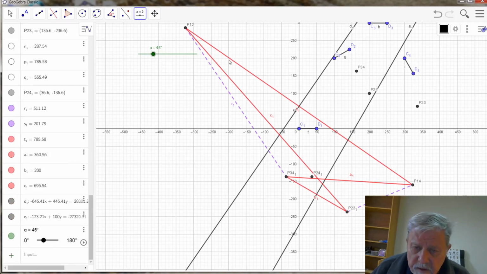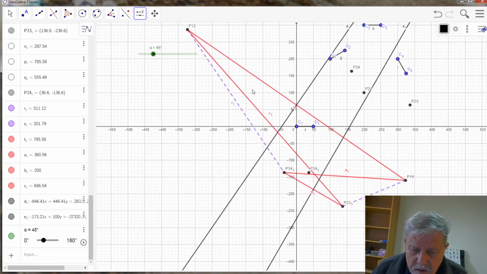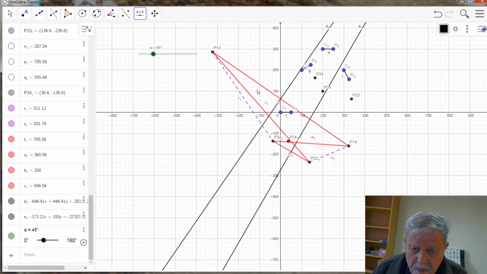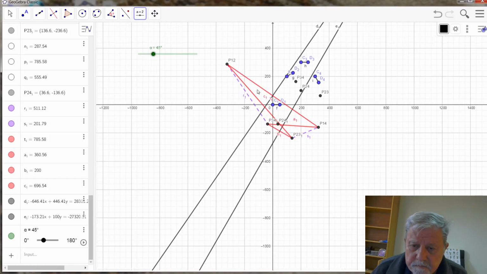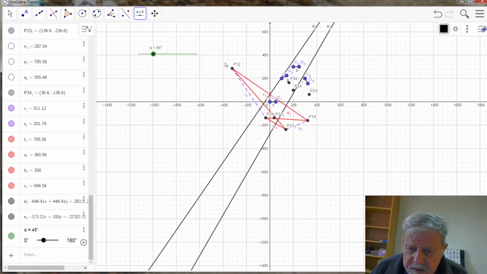What I will do is, I will measure alpha in counterclockwise direction. I will draw a line that makes an angle in counterclockwise direction with respect to side 1, going from 4 to 2. I'll take point 2 as the center, 4 to 2, okay? This is the line.